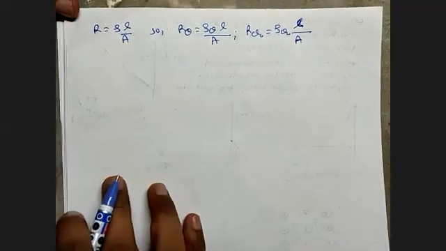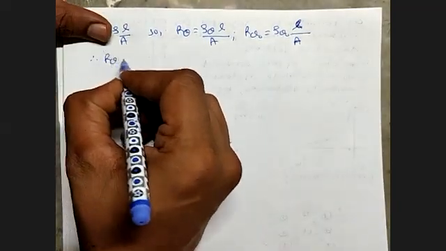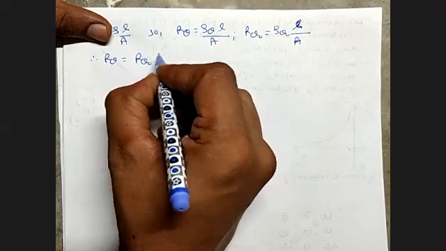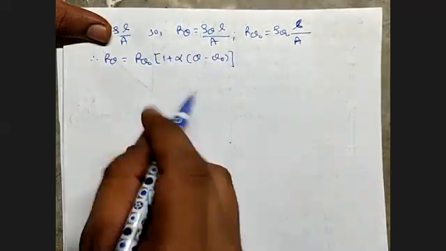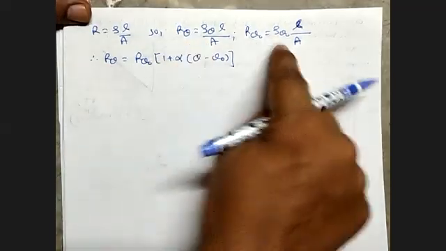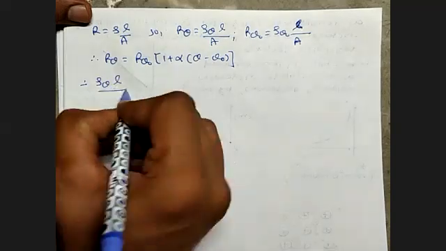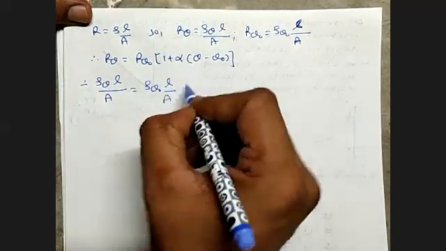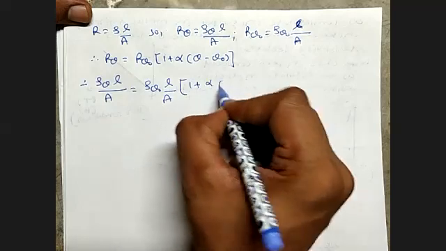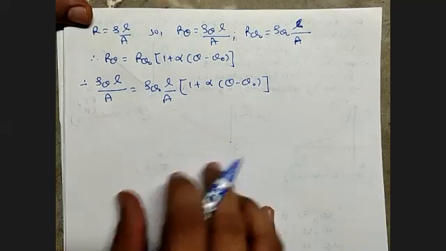Now move further. Take these two equations: R theta is equal to R theta 0 times 1 plus alpha into theta minus theta 0. Put these two values of R over here. Therefore, rho theta L upon A equals rho theta 0 L upon A times 1 plus alpha into theta minus theta 0.